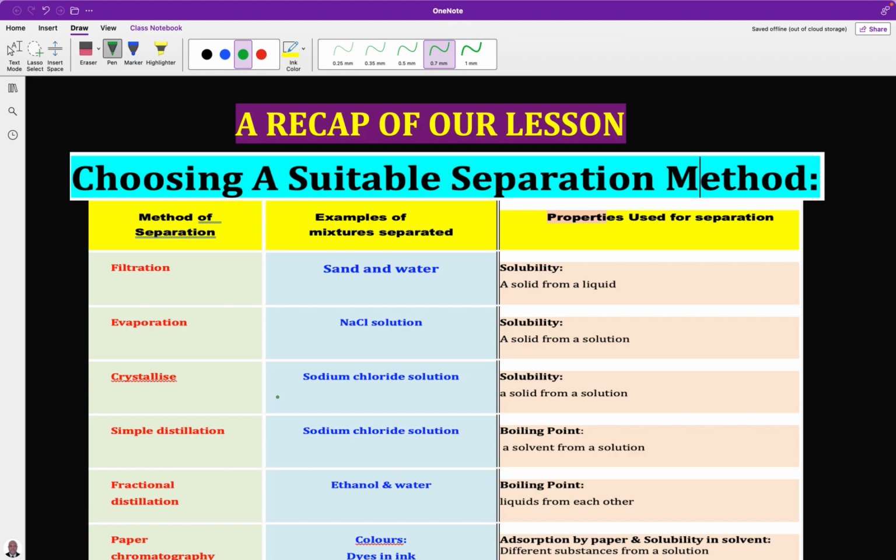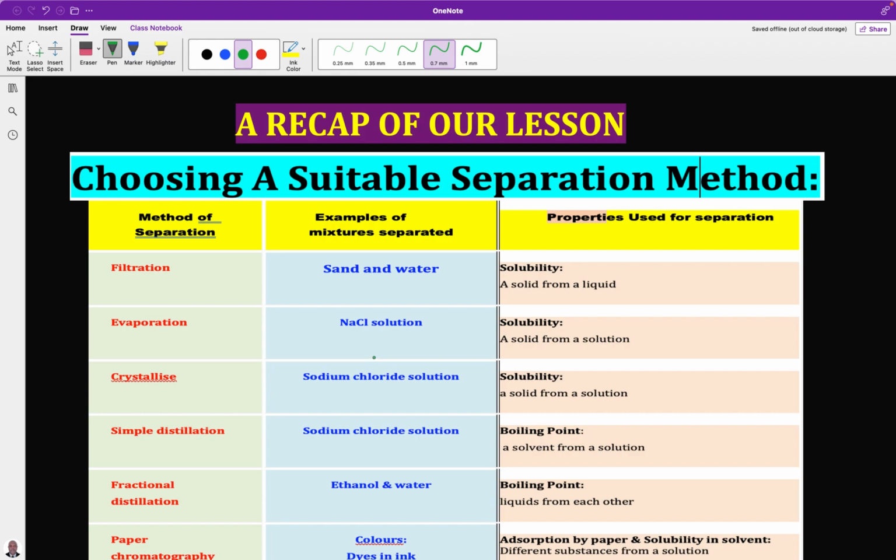Number one, you are given sand and water, and you are asked what property is used. Solubility. We will use the property of solubility to separate the solid from the liquid. And what is the method? The method is filtration.